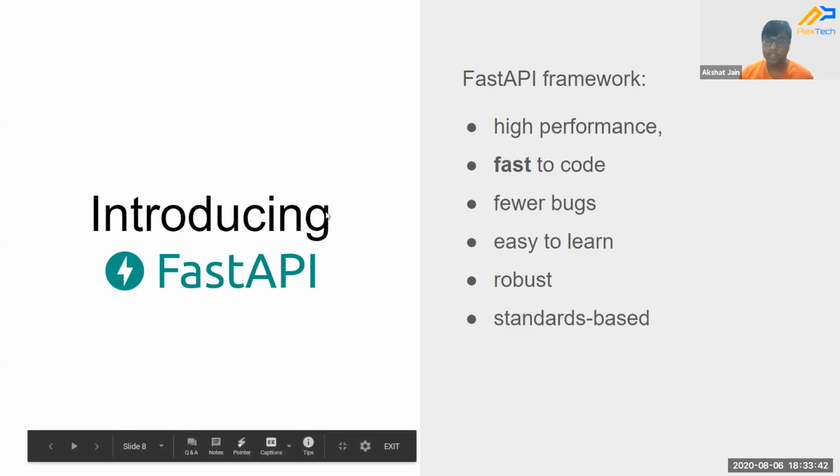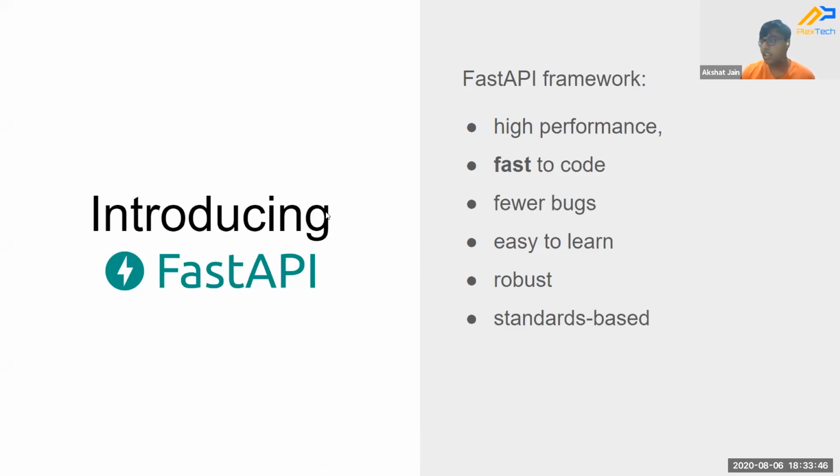Those are the Python libraries that help make Fast API happen. It's one of the fastest Python frameworks available. Being fast is really important in building a scalable web API. If your web API is not fast, you'll get slower load times and your users will have a bad experience. So being high performance is something that Fast API really boasts about.